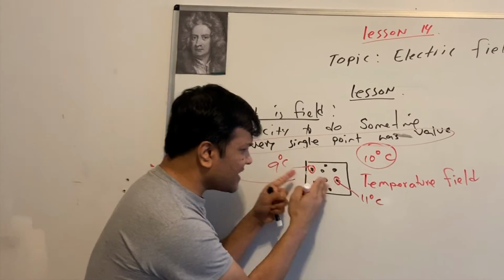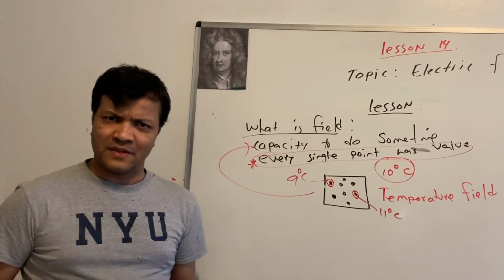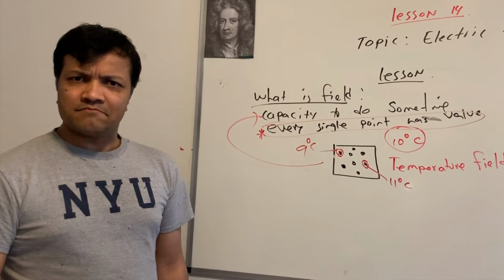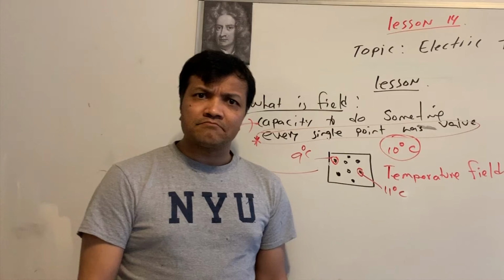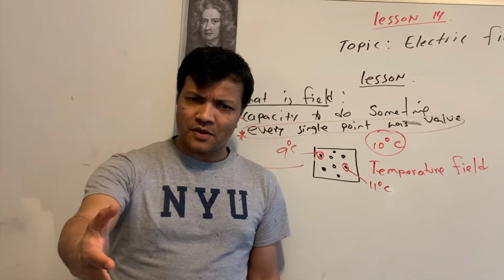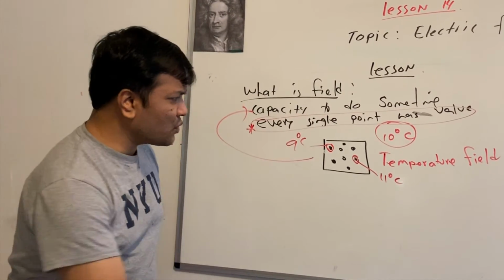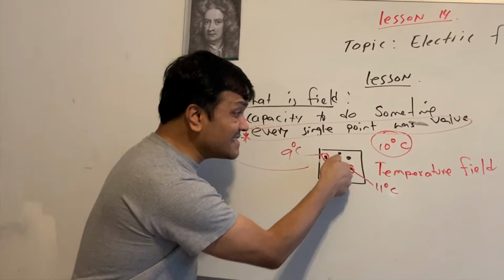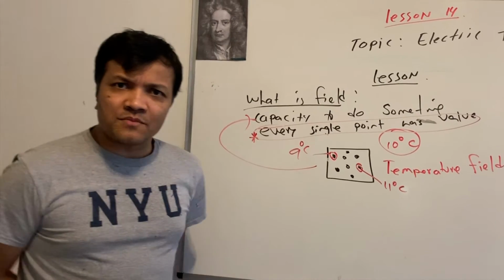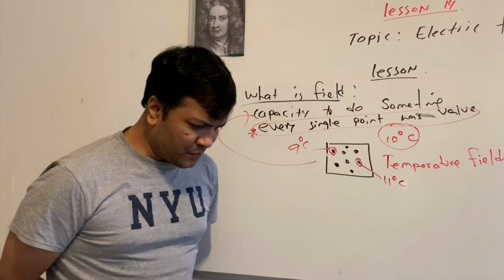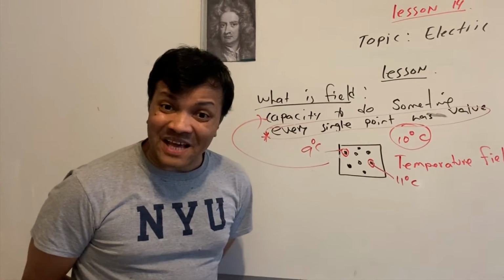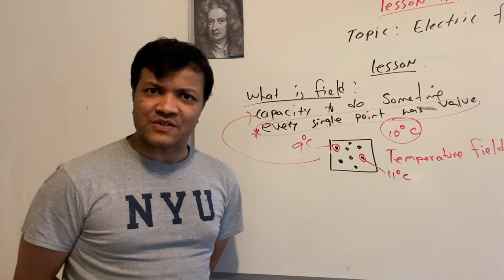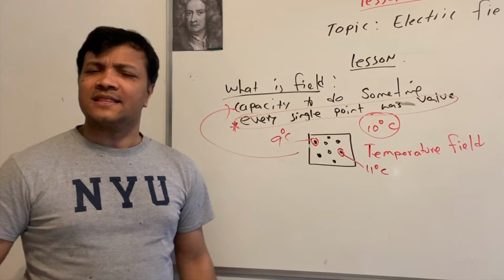This temperature field can do something. What can it do? If you bring a hammer from your basement and put it very close inside your temperature field, and you observe the reaction of the hammer sitting in this temperature field, you probably observe nothing.